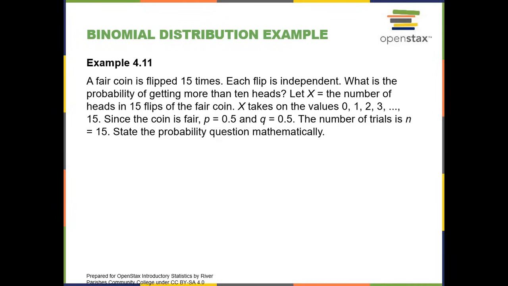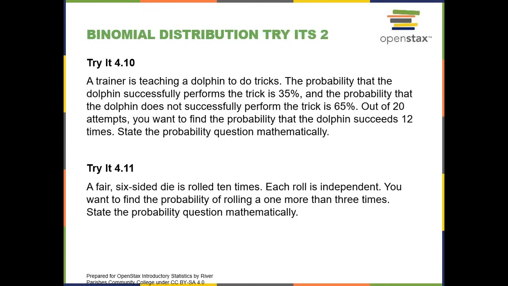Greater than 10 means it starts from 11, 12, 13, 14, and 15. You just do not stop at the probability of 11. You find the probability of getting 11 heads, add it to the probability of getting 12 heads, add that to the probability of getting 13 heads, add that to the probability of getting 14 heads, add that to the probability of getting 15 heads.